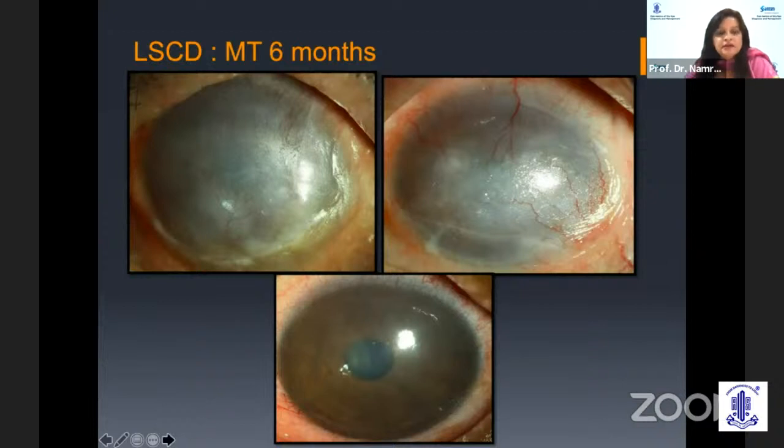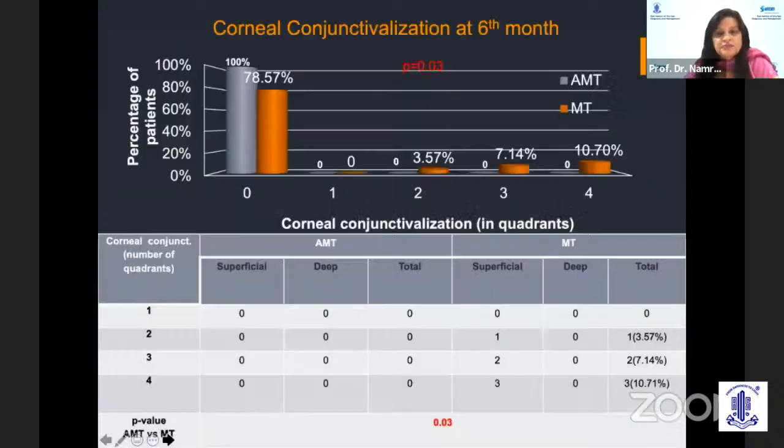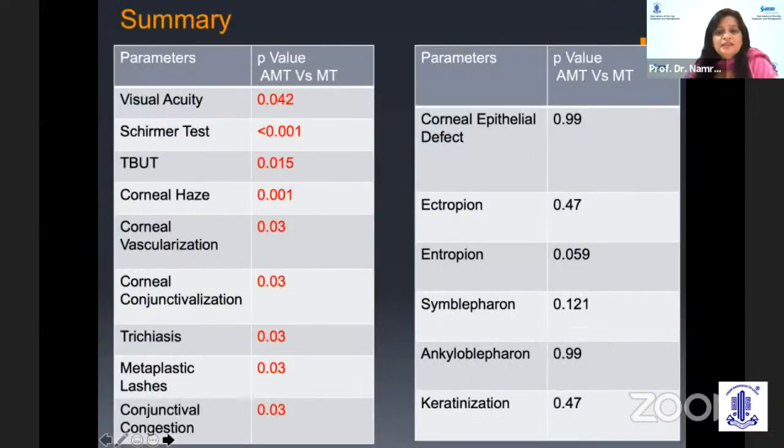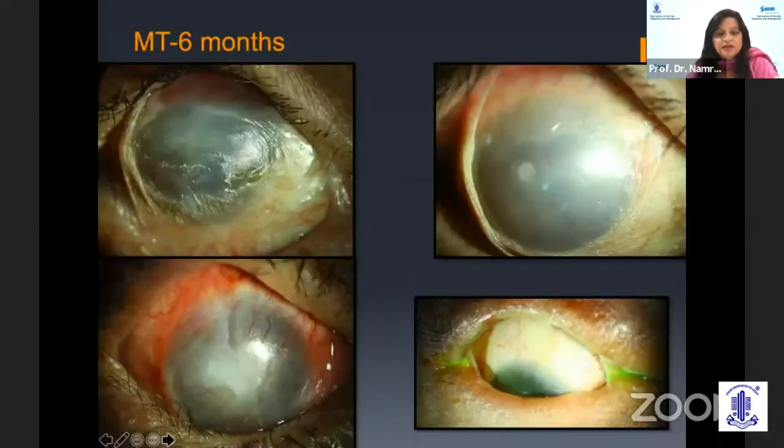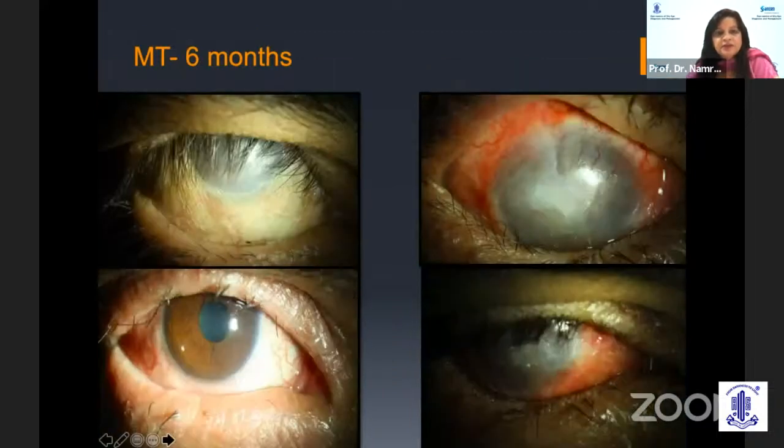You can see that conjunctivalization and limbal stem cell deficiency are also more. So it is important in these cases to do amniotic membrane transplantation in the acute phase itself to prevent all these complications. If we look at the study, it would be ethically wrong not to do amniotic membrane transplantation in these cases. Look at the keratinization which has occurred in the medical therapy group.